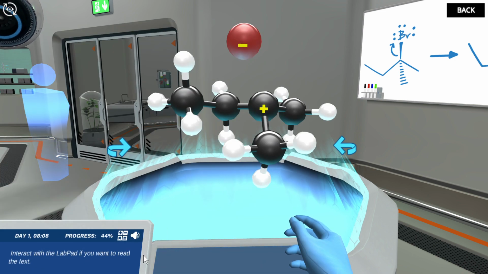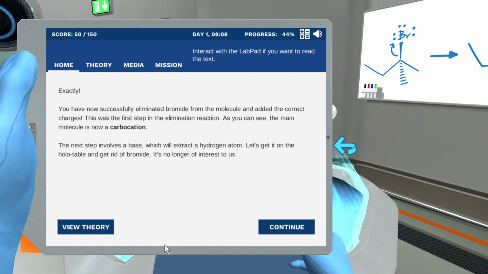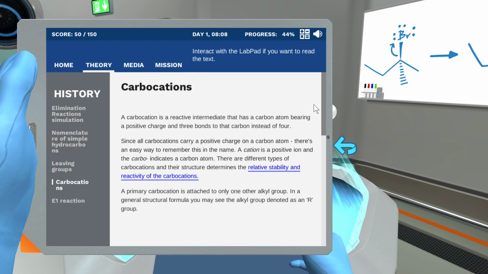Exactly. You have now successfully eliminated bromide from the molecule and added the correct charges. This was the first step in the elimination reaction. As you can see, the main molecule is now a carbocation.